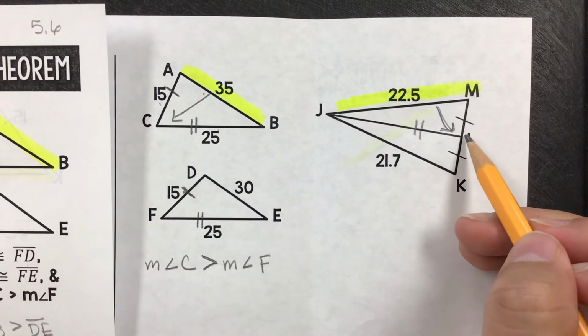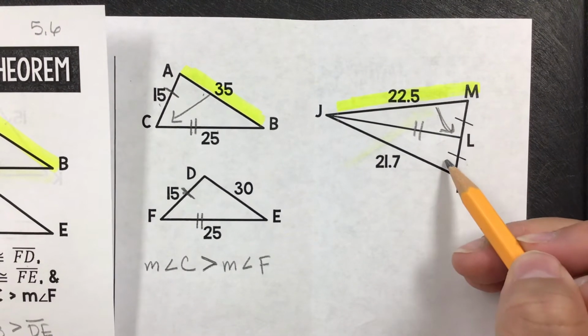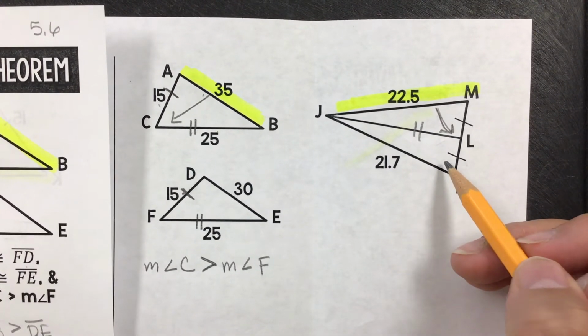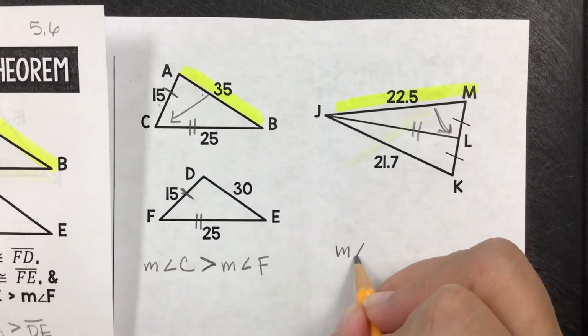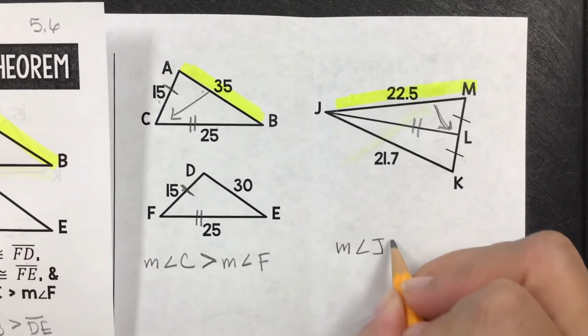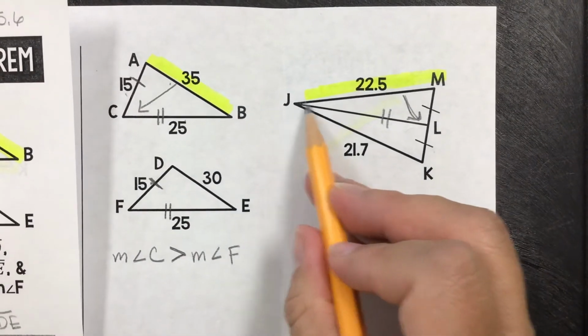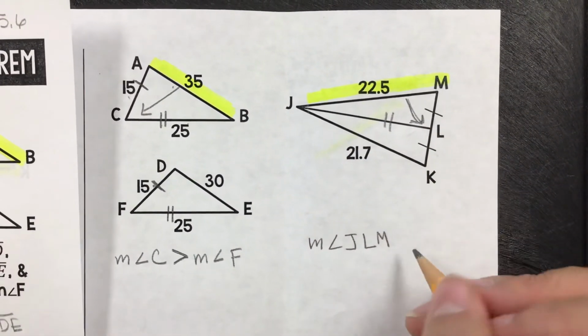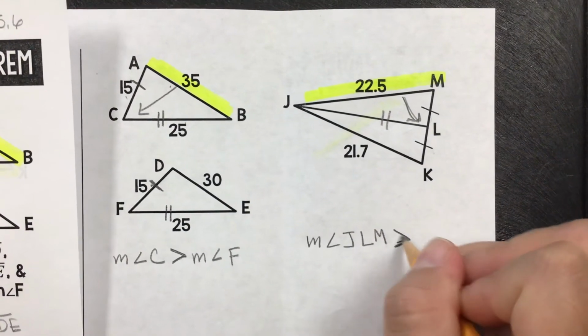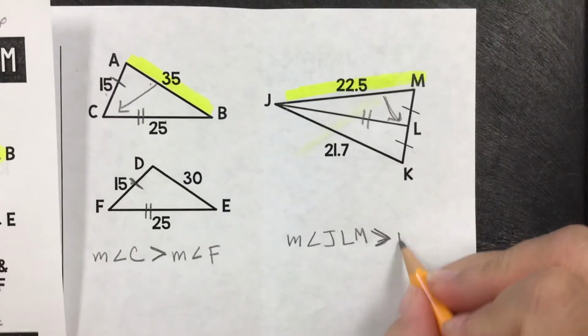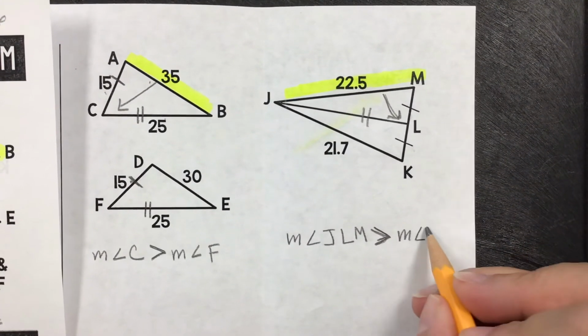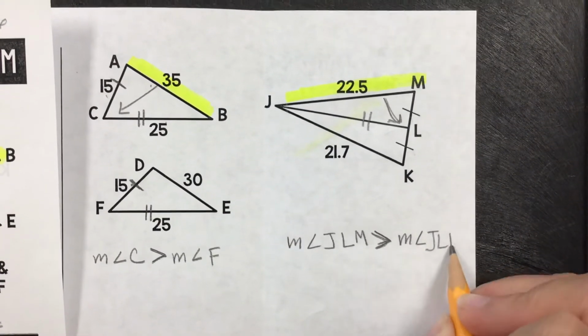Since L is made by two different triangles, we have to be very specific and say that the measurement of angle JLM is greater than the measurement of angle JLK.